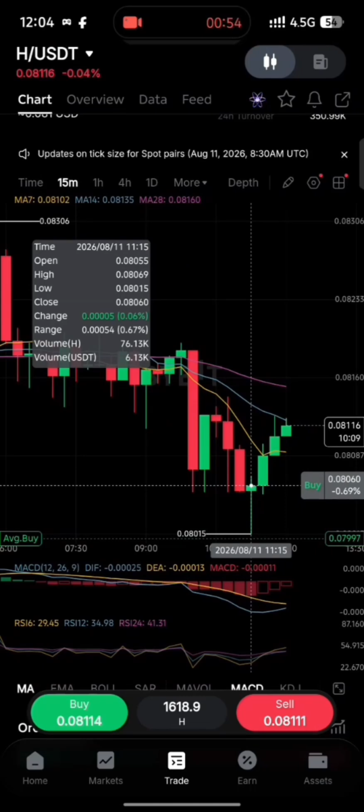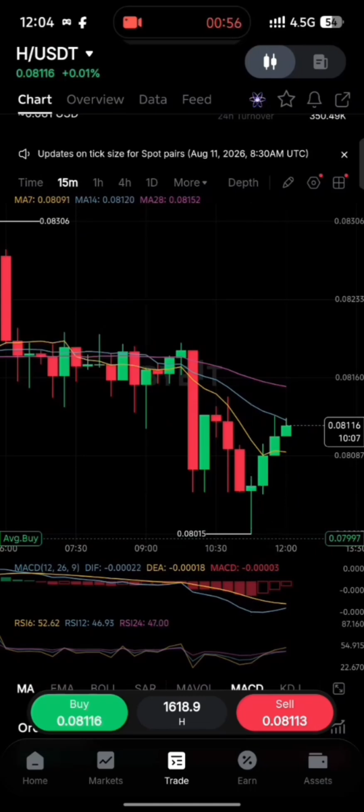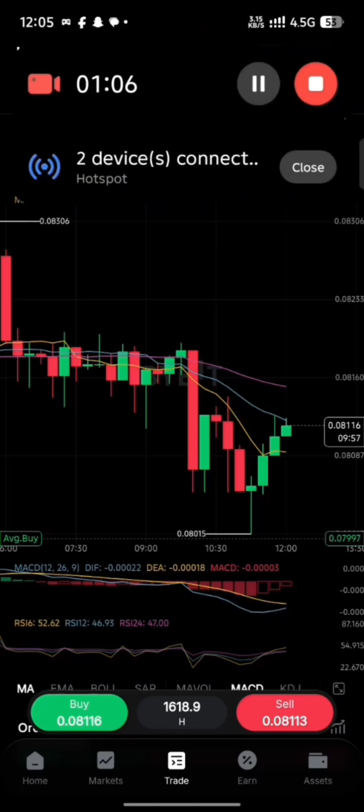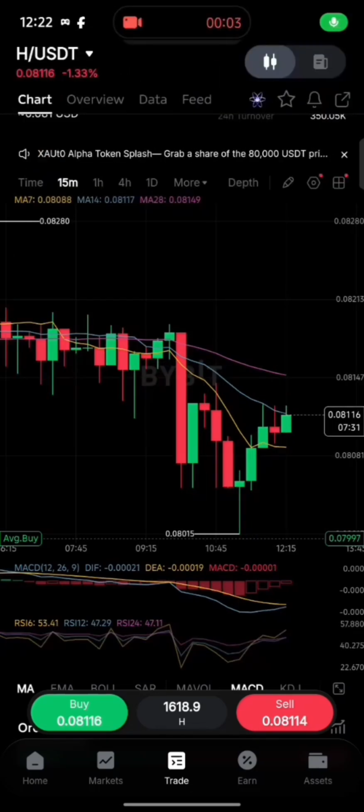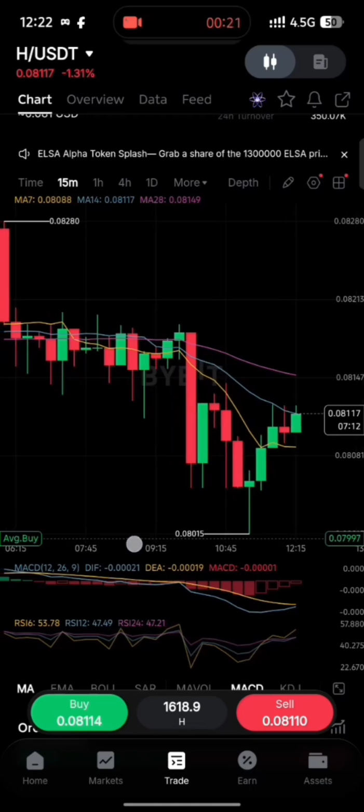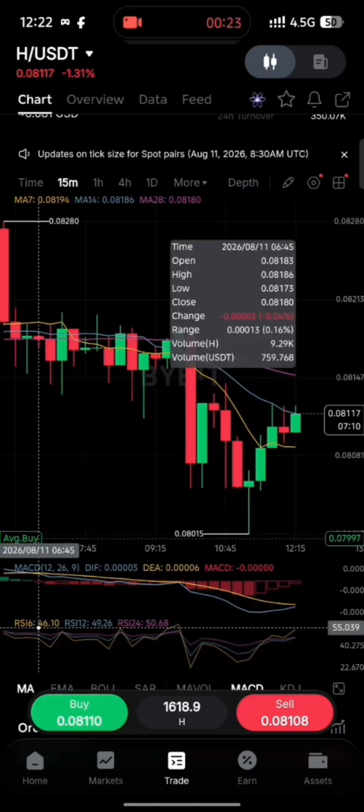Okay, you can see it's actually forming up. You can see that the MACD line is preparing to cross the signal line, and when that happens, it means we are on reasonable profit. We're still watching closely and also monitoring the candlesticks and our trade.